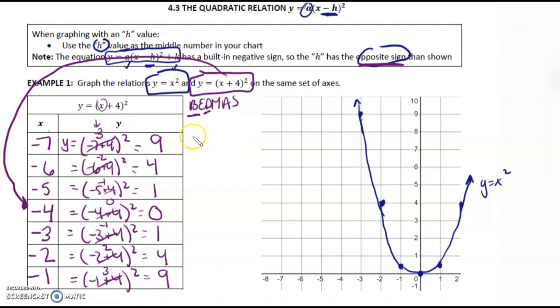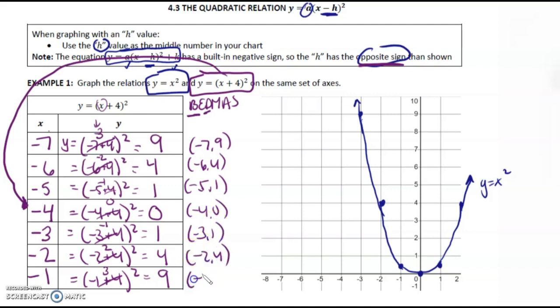Let's go ahead and graph. Remember, these are negative 7, 9. Negative 6, 4. Negative 5, 1. Negative 4, 0. Negative 3, 1. Negative 2, 4. And negative 1, 9. You don't have to write out the coordinates.